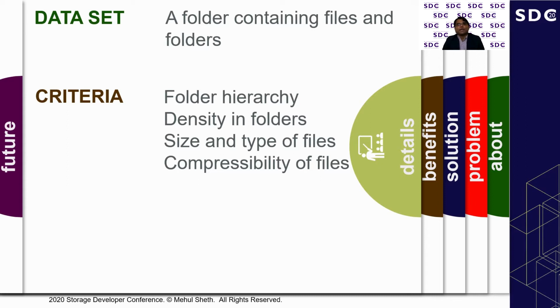Size and type of files, that is, if a binary file like an image or a PDF or a text file like logs or JSON. Compressibility of files, that is, how much of data inside the file is repeated. Generally, texts have higher compressions and video practically cannot be compressed much.